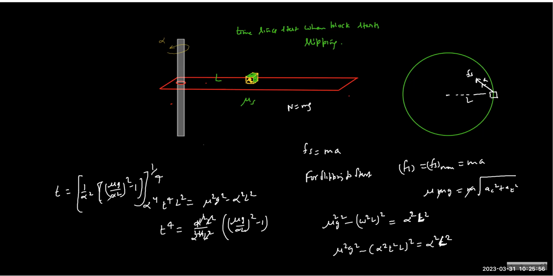So these are two critical concepts in horizontal circular motion. I hope this is clear to all of you. Now comes the third case.